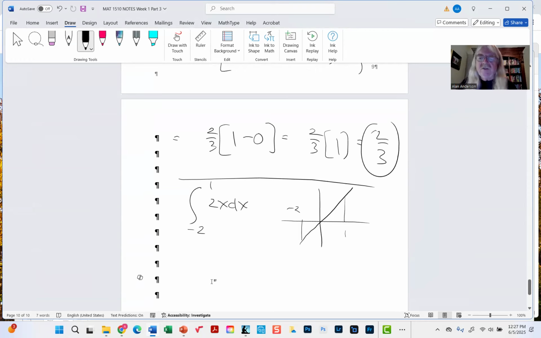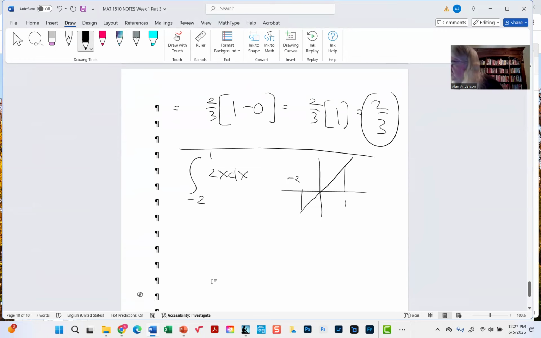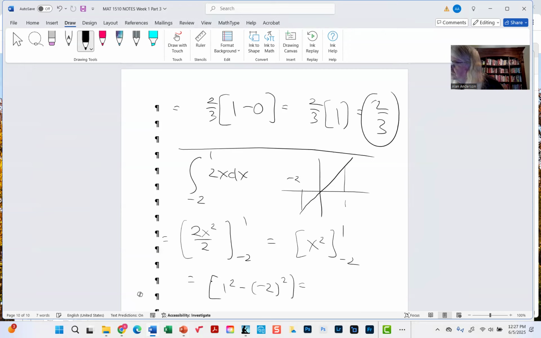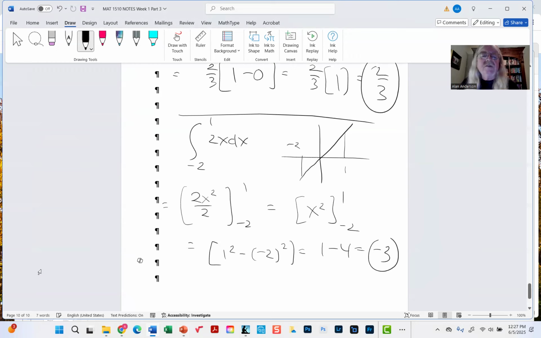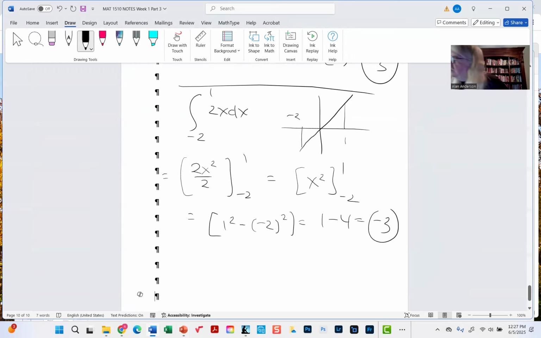But if you apply the integration directly, you're going to get something wrong.